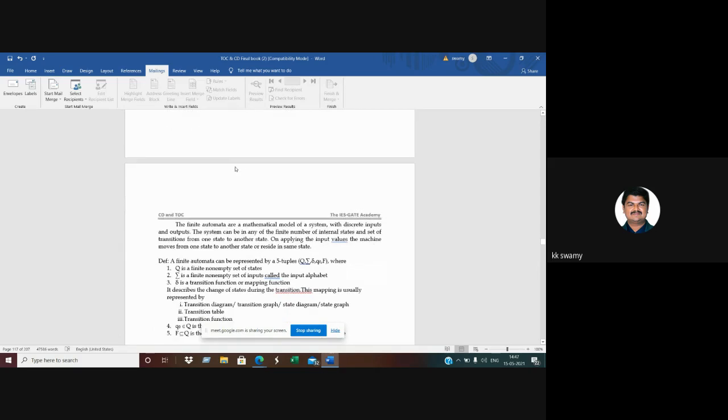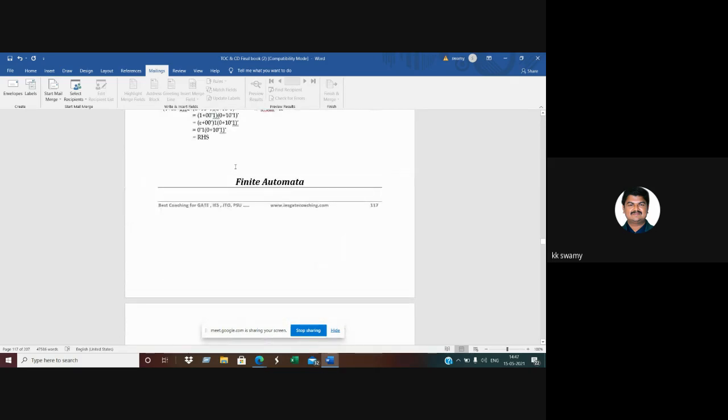Then afterwards, what about strings, what are the operations on strings, afterwards languages, what are the types of languages, and what are the operations on languages. These are the basic concepts related to languages, and please note them down. I am giving the bits related to these basic concepts.